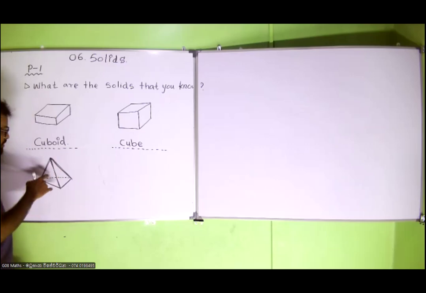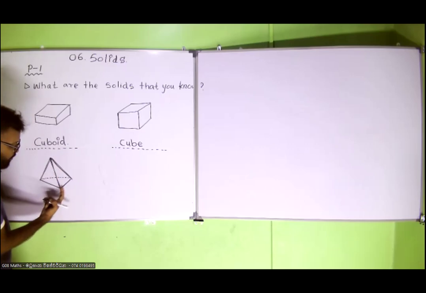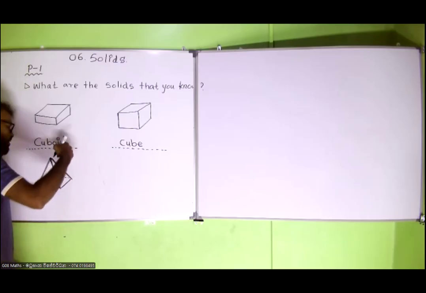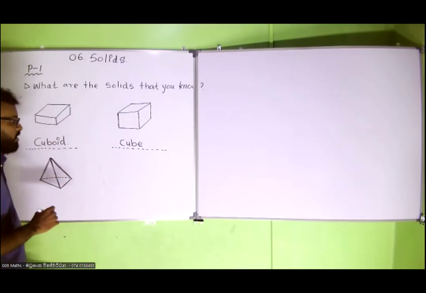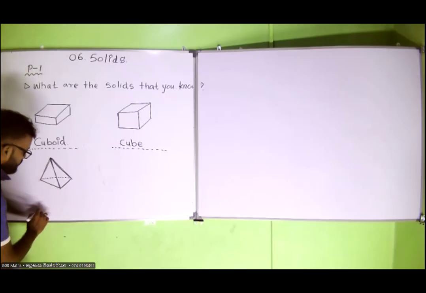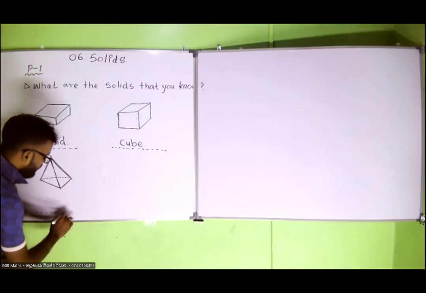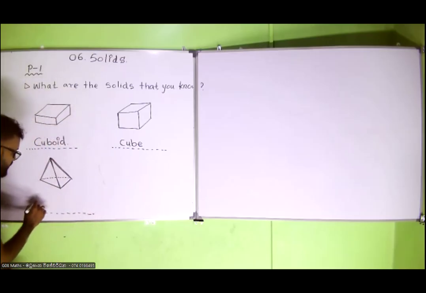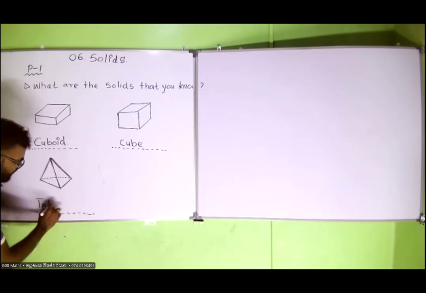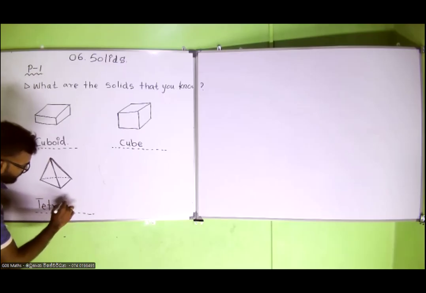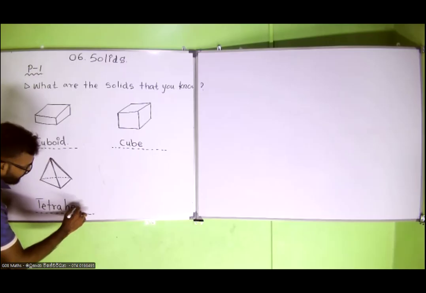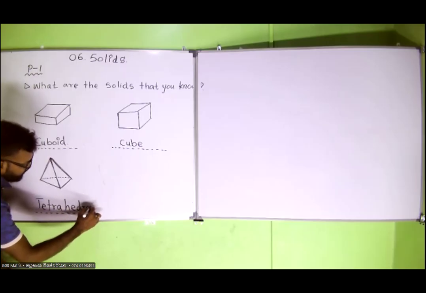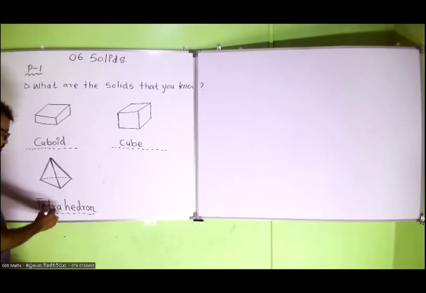This side, and the below side, and the other way around. All four sides are triangular faces. So if you can remember from your grade 7, we call this one a tetrahedron. Tetrahedron.